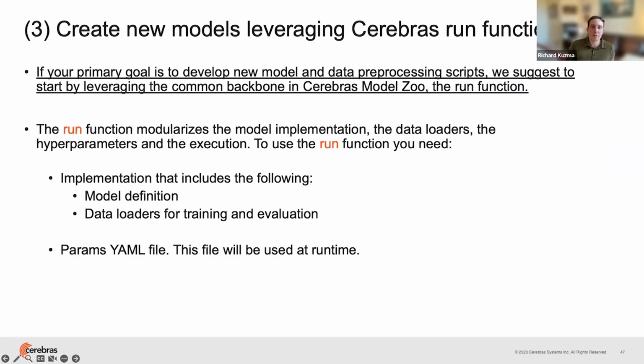So if you want to create new models leveraging the Cerebras run function, we recommend using the common backbone within the model zoo. The run function, just like in PyTorch, modularizes the model implementation from the data loader implementation and then the execution. So to use that function, you need to define these things separately and then leverage your params YAML file at runtime.